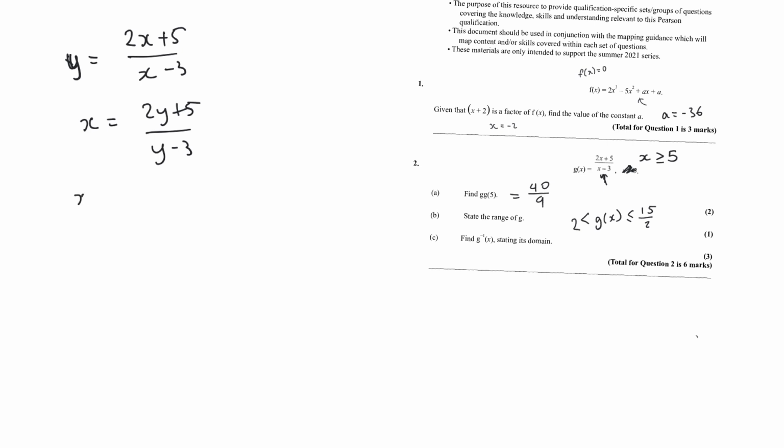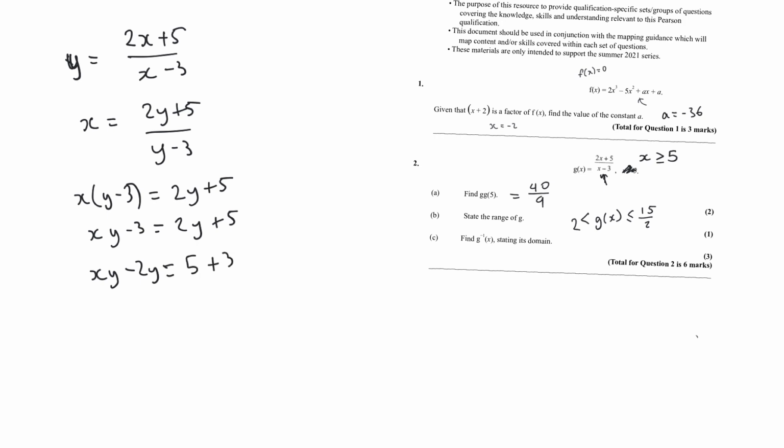So I'm going to multiply both sides by y minus 3, then expand the brackets, then collect the y's together, collect the numbers together. Now I have this, and to simplify it even further, I forgot something there. I forgot to times by x there. So it would be that.